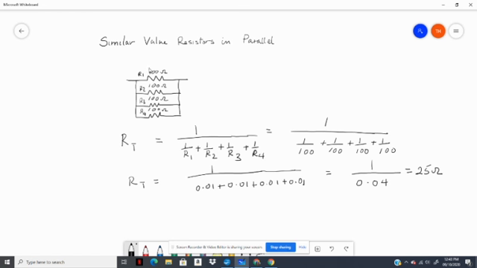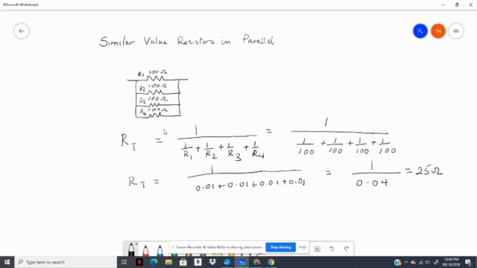So we see that the four 100 ohm resistors in parallel give a total resistance of 25 ohms. Now, I will give the proof later on, but by inspection, you will be able to observe that 25 is 100 divided by 4, right?